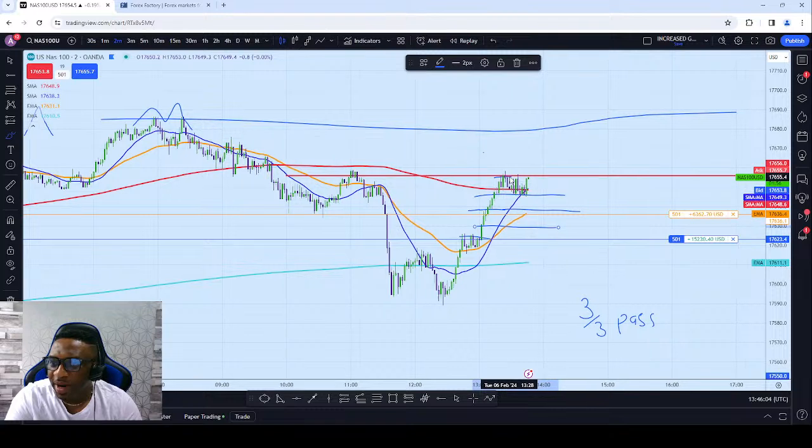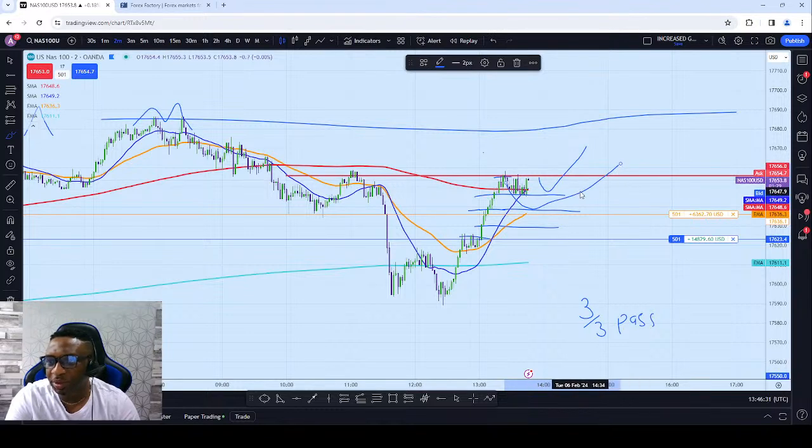If it's going to go up, mostly it will come down to the 1/3 level and then push up, or it can come down to the 50, the halfway level, then push up.